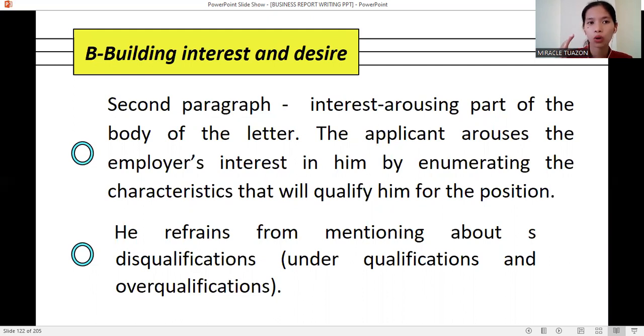So state nyo doon na you are good in oral and written communication, in assisting or dealing with clients or clientele.